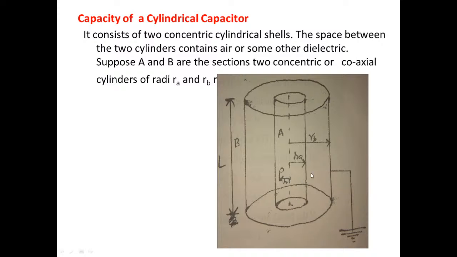So, electric field intensity exists only when the point P is lying between the outer cylinder and the inner cylinder.